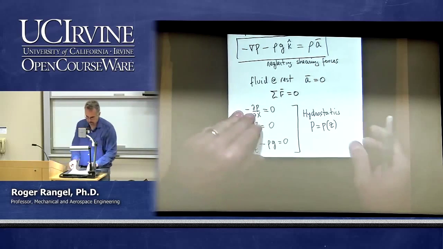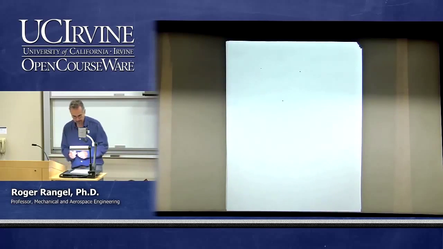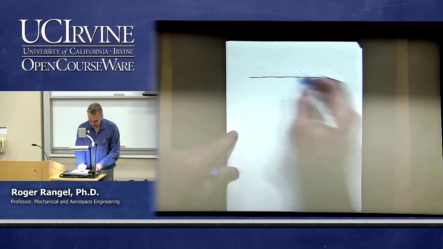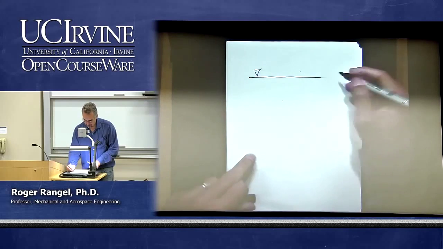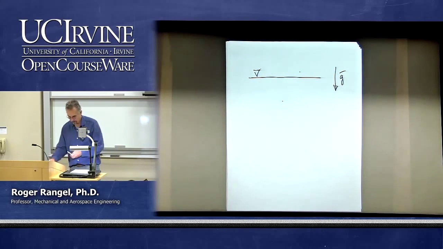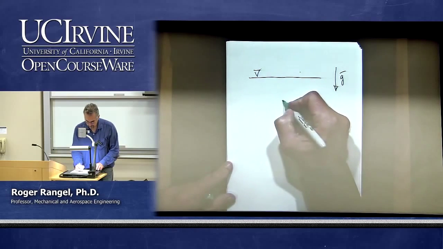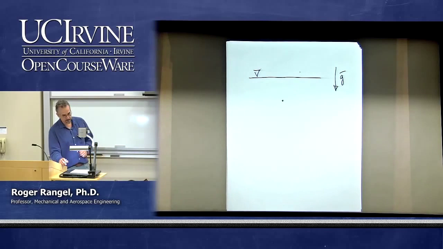That's why when you have a situation in which the fluid is here, this is the free surface, and gravity is in this direction, if you are down here within this fluid and you move in any horizontal direction, you don't feel any variation in pressure.